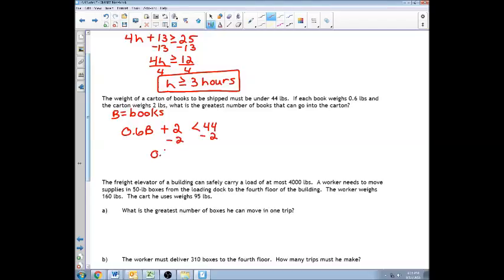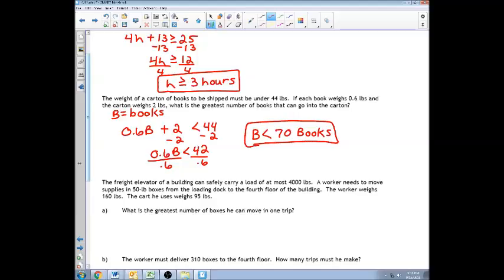That would give me 0.6b is less than 42. You divide by 0.6, divide by 0.6. So b would be less than, at this point, 70 books. So the greatest number of books that we can send would be 70 at one time.